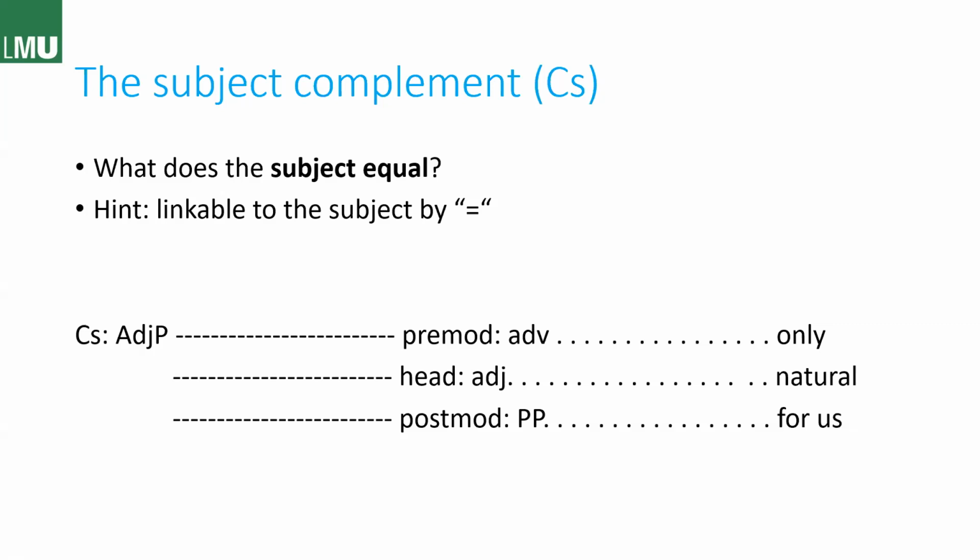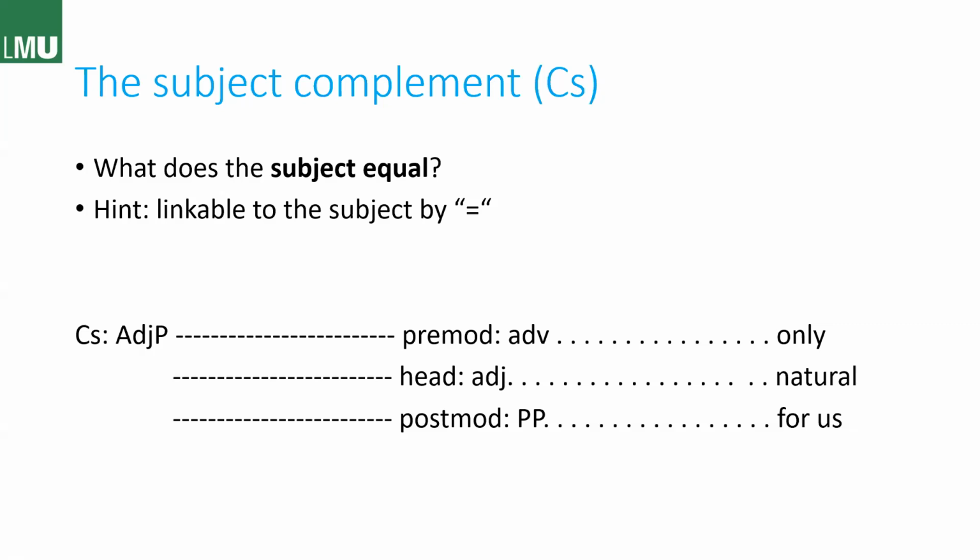So here I picked a medium complex, well, actually it's pretty complex example of an adjective phrase, and adjective phrases are actually very common subject complements or also object complements. And here we've got only natural for us as described before.